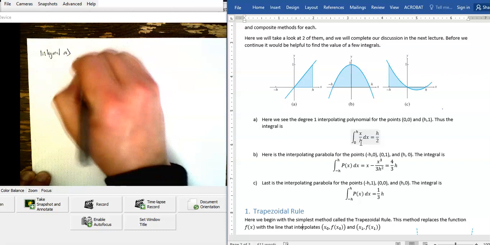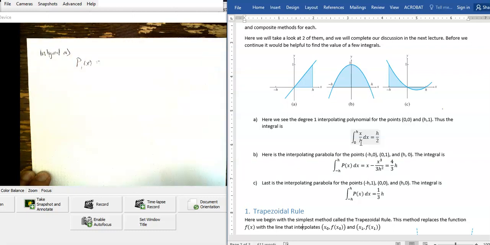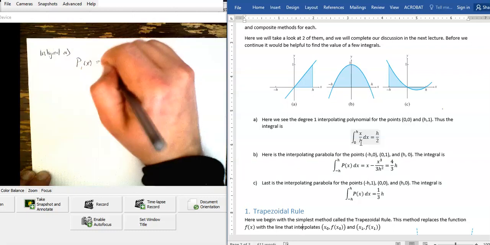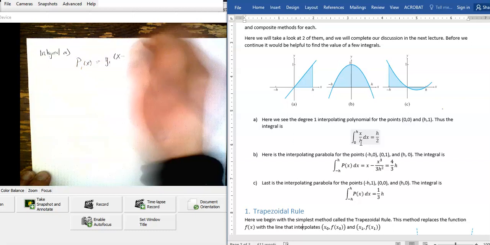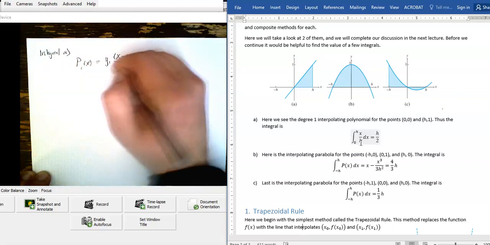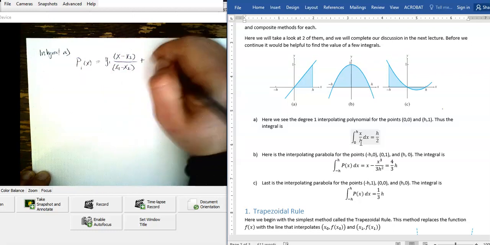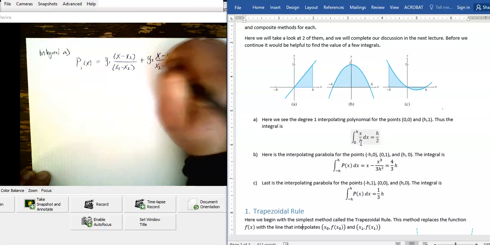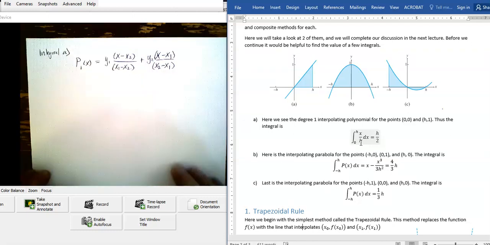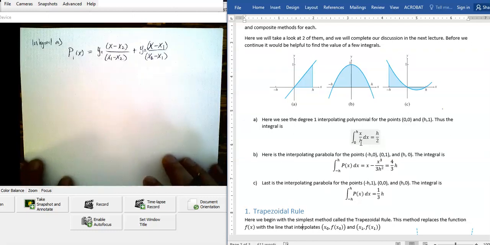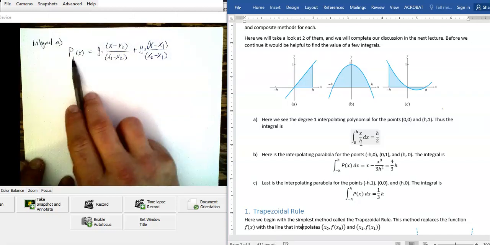So p1 of x is y1 times (x minus x2) over (x1 minus x2) plus y2 times (x minus x1) over (x2 minus x1). So that's the Lagrange formula for our degree 1 interpolating polynomial.